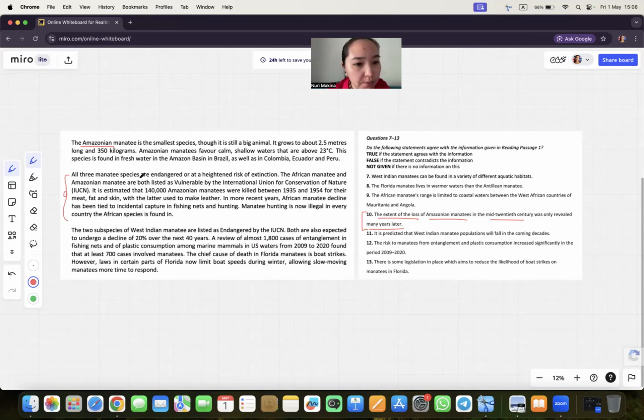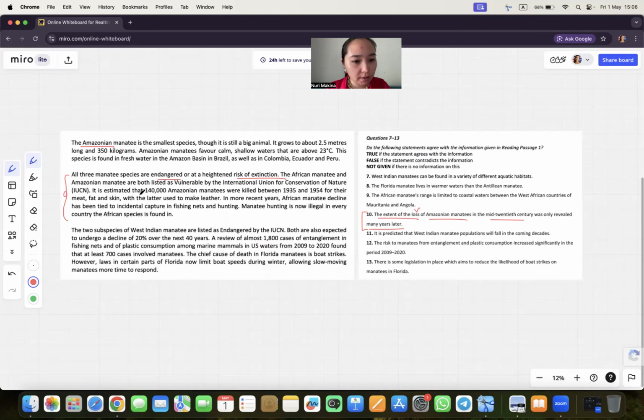All three manatee species are endangered or at a heightened risk of extinction. Okay, so we have something about loss of the animals. Endangered, heightened risk of extinction. That means they are losing their population. The African manatee and Amazonian manatee are both listed as vulnerable by the International Union for Conservation of Nature.